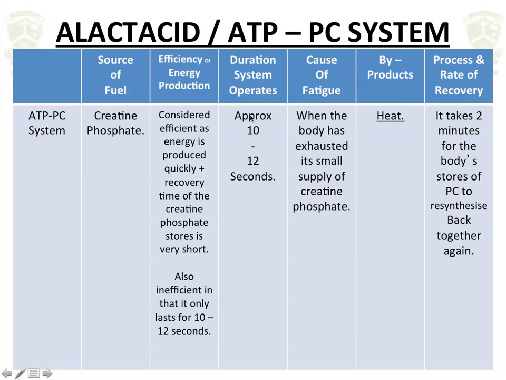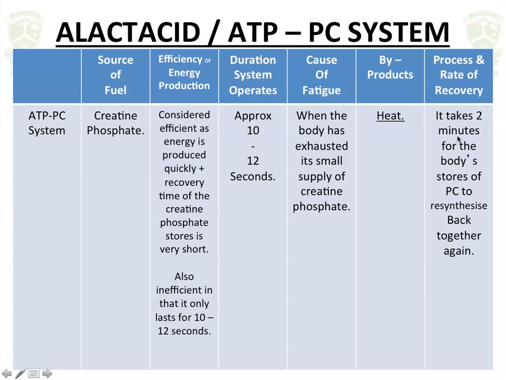Now, this system, as I mentioned, it operates for 10 to 12 seconds only. And what causes it to fatigue is the fact that the body will exhaust the supplies of creatine phosphate that's stored inside it. The byproduct of the ATP-PC system is heat.